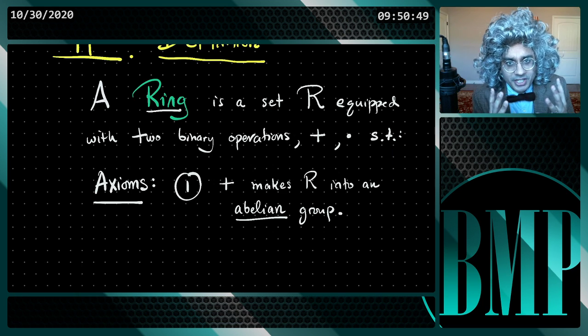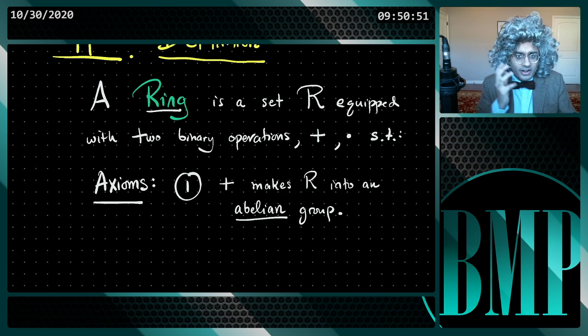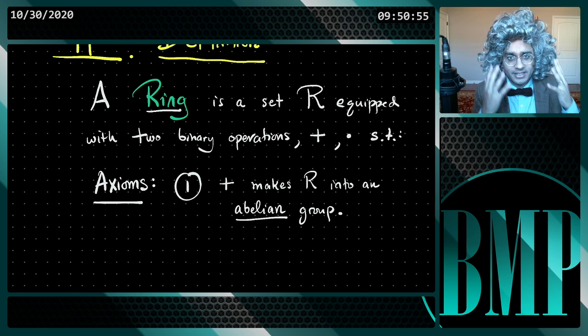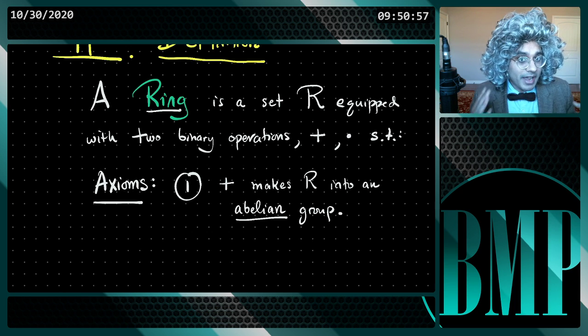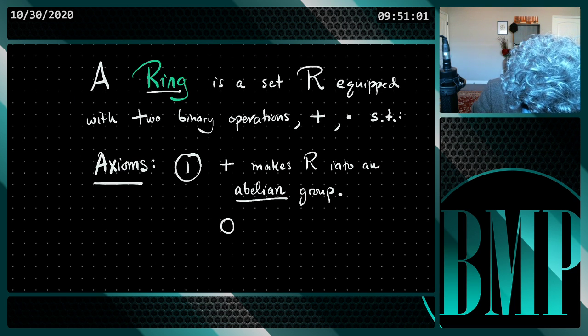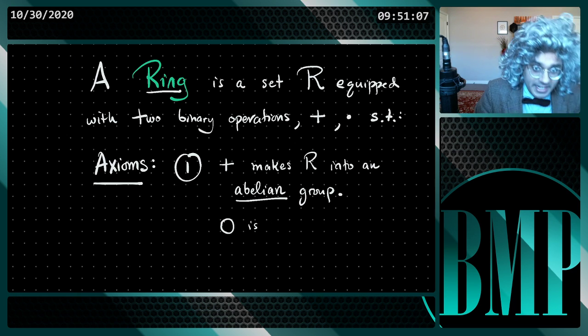So the plus operation makes R an abelian group. That's fine. So a plus b is b plus a. There's some identity element called 0. We denote 0 as the identity element.